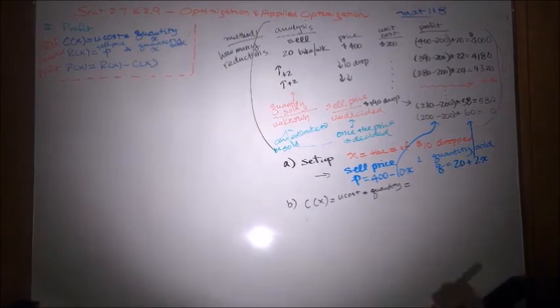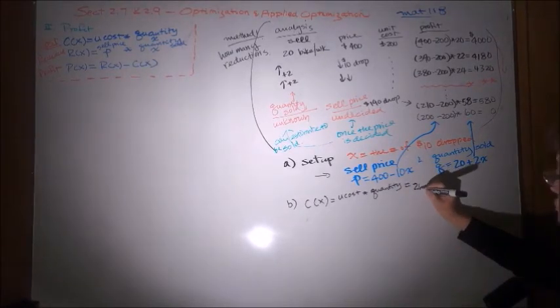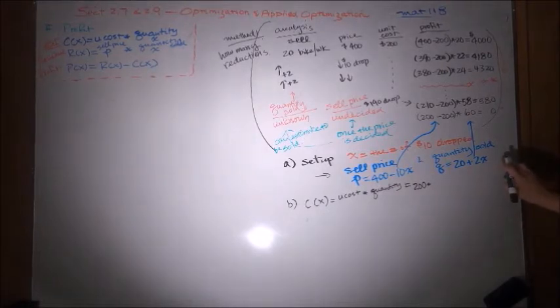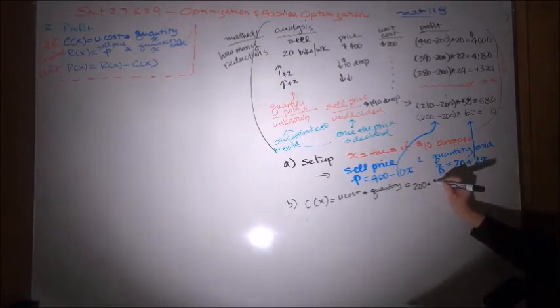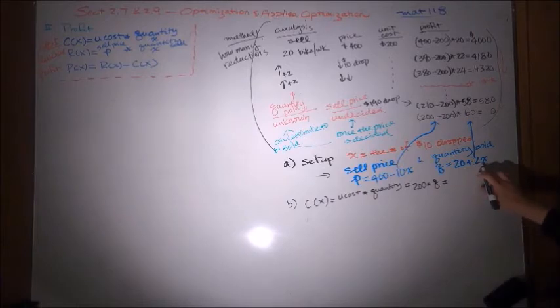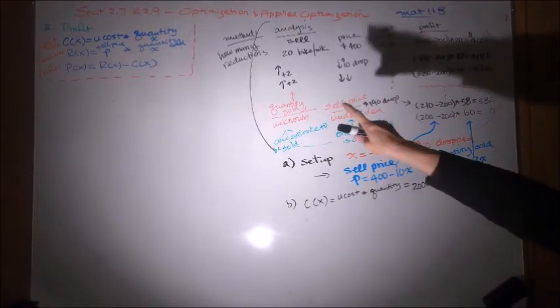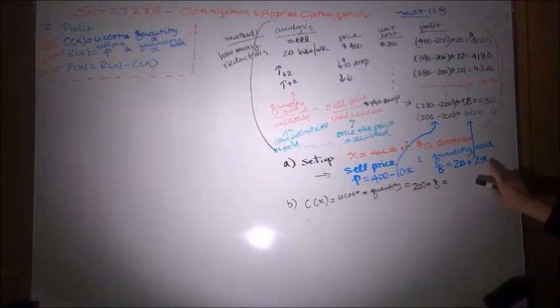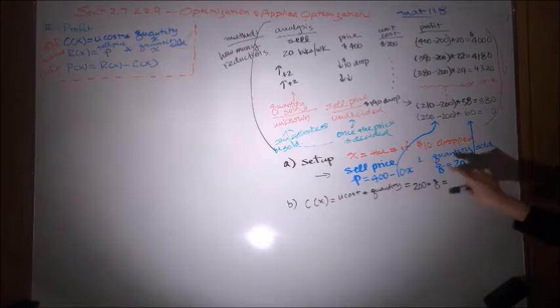Unit cost is $200, times your Q. Now Q is not x. Quantity depends on your number of discounts, the number of $10 drops. So that will be your P and Q.